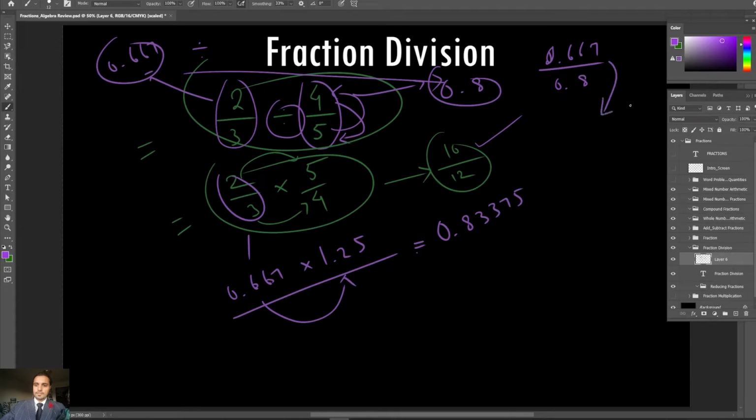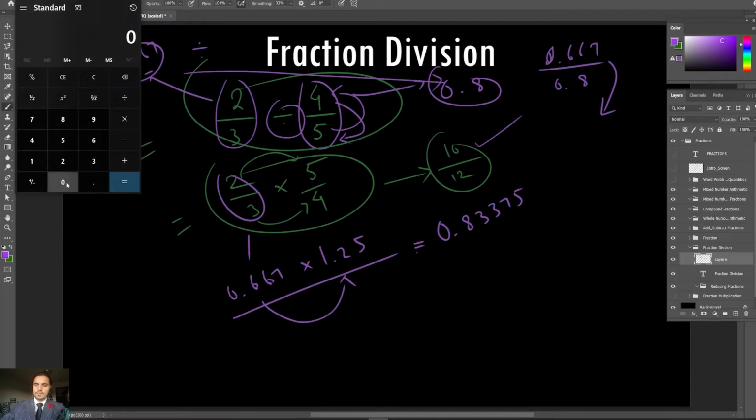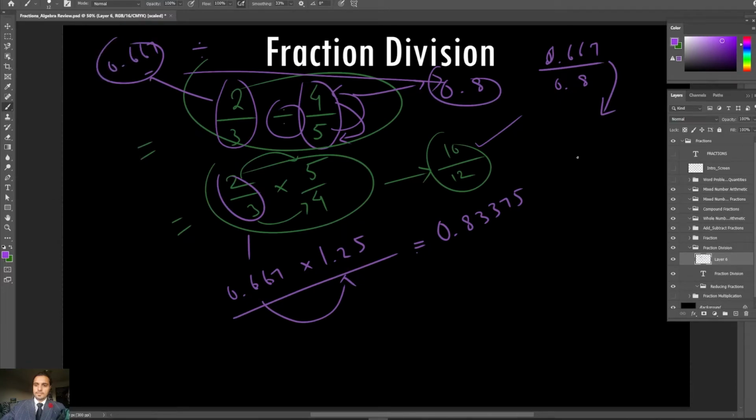Let's do this on the calculator: 0.667 divided by 0.8. And as you can see, the answer is very similar, 0.83375. And so this and this are equal. Therefore, this proves that we can do this.